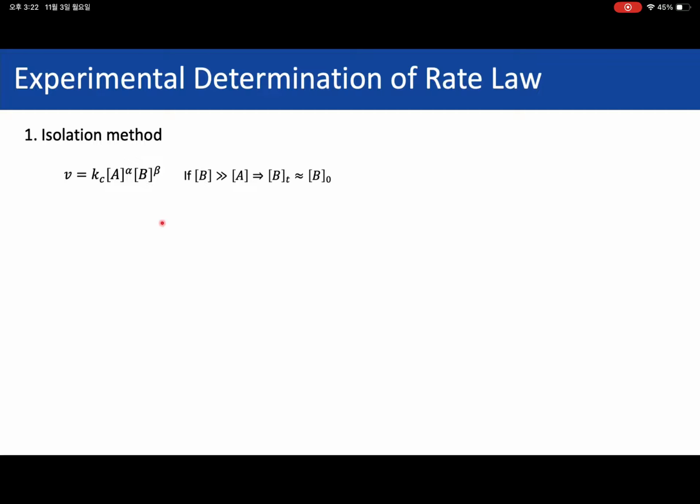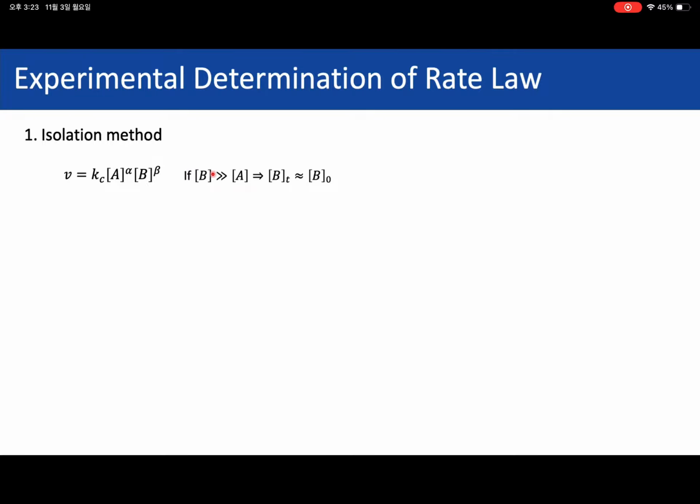But if we have a very high initial concentration of B, much larger than the concentration of A, then after the reaction, for example, let's say we have 100 moles of B and 1 mole of A, after all of this A has reacted, we will have 0 moles of A and 99 moles of B. So after all reactions, the change in concentration of B is very small.